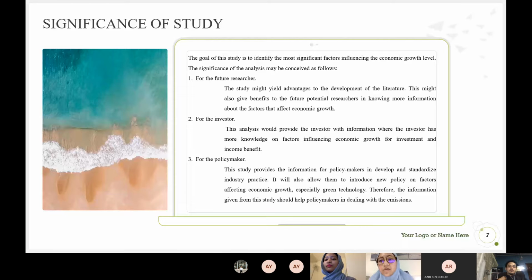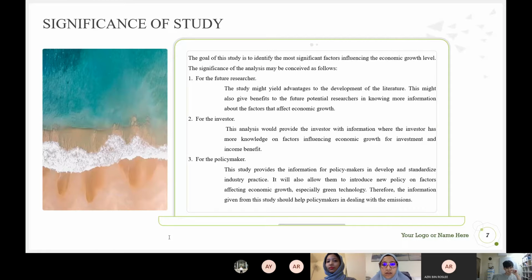Hello, Assalamualaikum. I'm Liana. I will continue with significance of study. So the goal of this study is to identify the most significant factors influencing the economic growth level. The significance of this analysis may be conceived as follows.